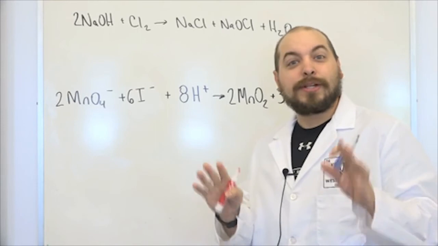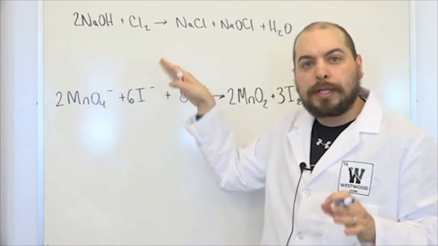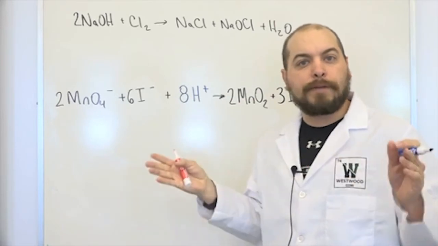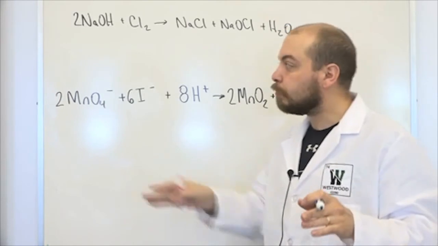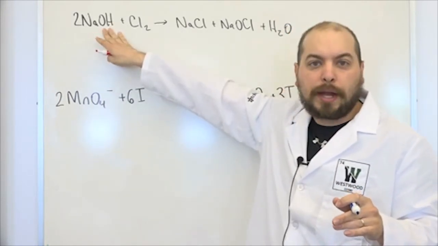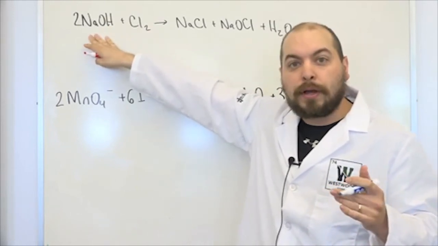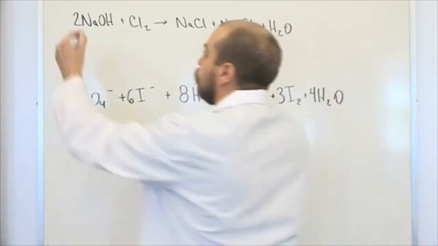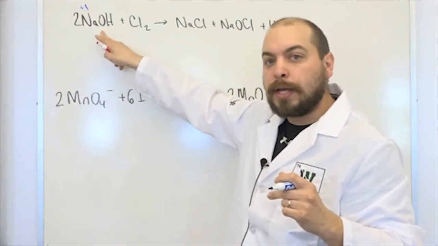All right, so let's see how we did. We're going to look at each compound individually, and then we'll go through and identify what is being oxidized and reduced once we get the oxidation numbers of everything. In sodium hydroxide, hydroxide is one of our polyatomic ions, with an overall charge of -1. Therefore, the sodium must have an oxidation state of +1. In hydroxide, the hydrogen is +1 and the oxygen is -2.